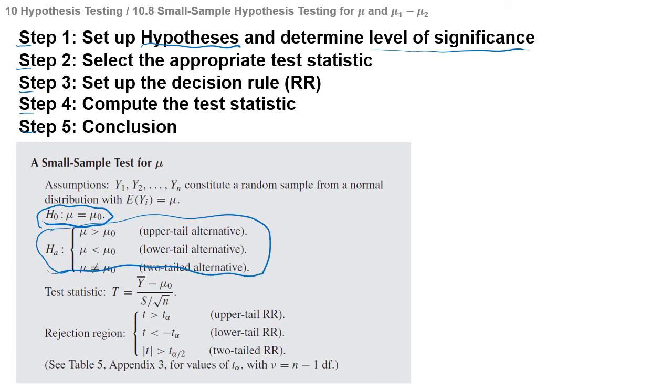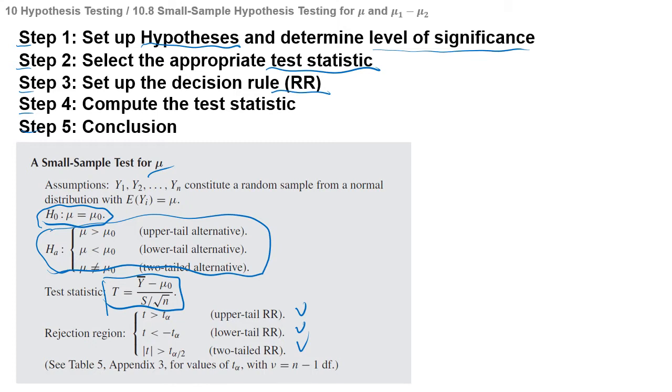Step 2 is to select the appropriate test statistic. In this case, if you are interested in the one sample small sample test for mu, then the test statistic is this one. Step 3 is to set up the decision rule, which is described here.